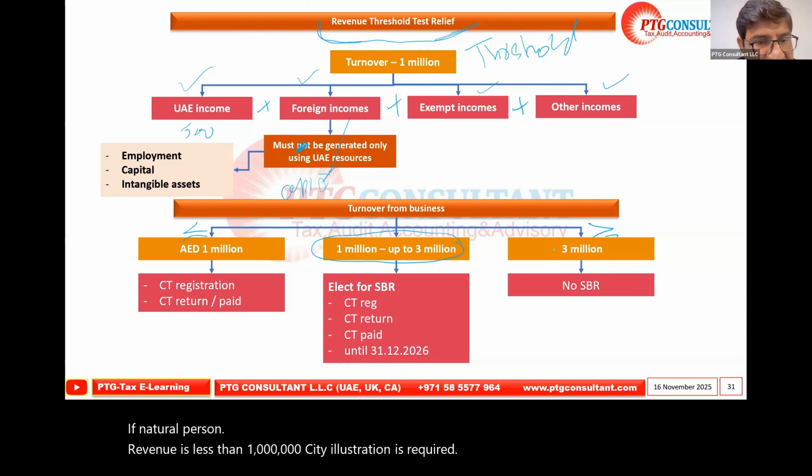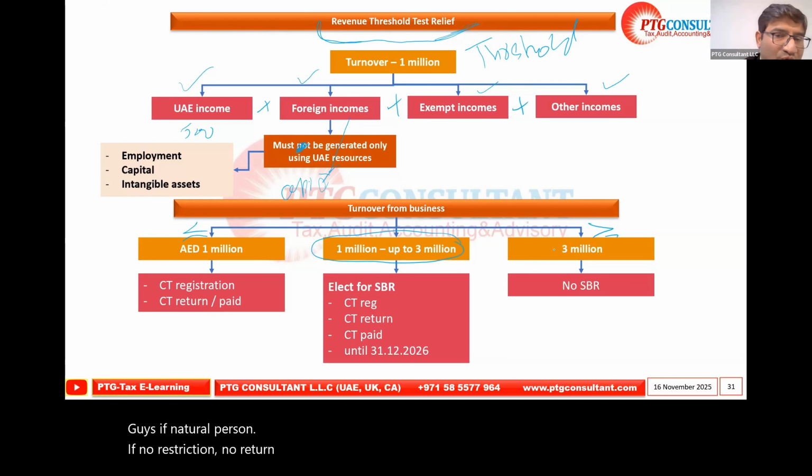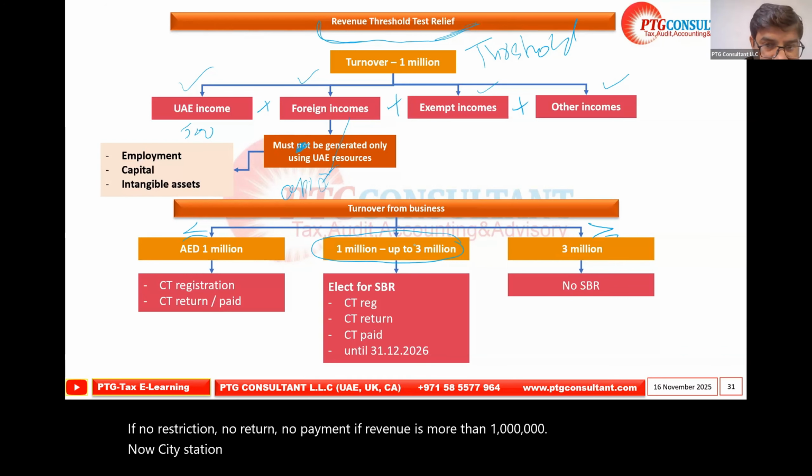As a natural person, if no registration, no return, no payment. If revenue is more than 1 million, now city registration is required, if more than 1 million but less than 3 million.